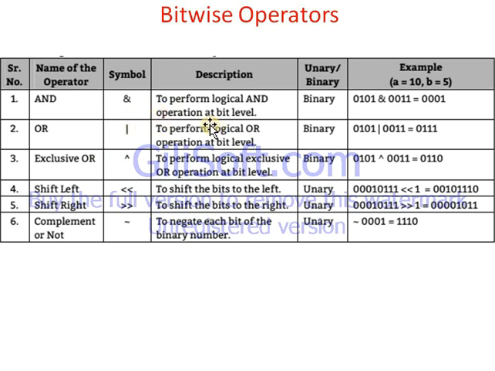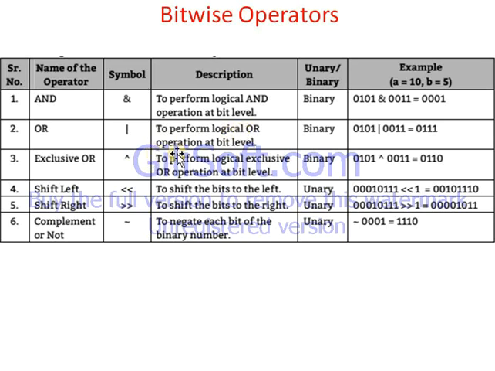Here the AND operator is used to perform the logical AND operation at bit level. You know the truth table of AND; you already learned it. What is the AND truth table? 0 0 gives 0, 0 1 gives 0, 1 0 gives 0 and 1 1 gives 1.